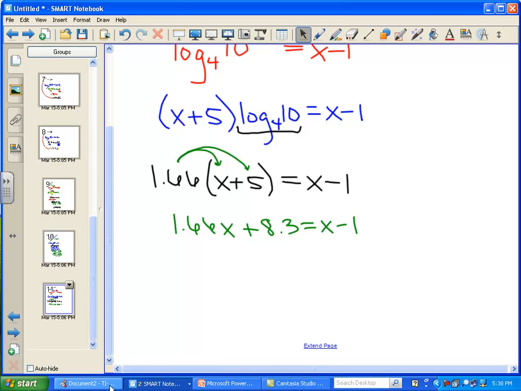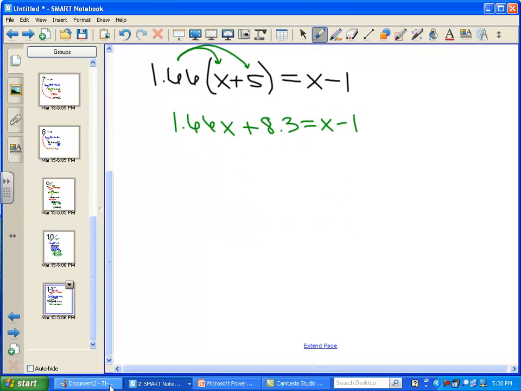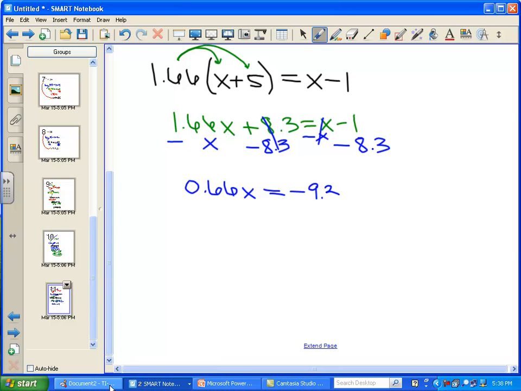So now this does leave me with another step, but still not too bad. We're going to subtract 8.3 from both sides, and at the same time I'll take away an x. Okay, so that leaves me with 0.66x is equal to negative 1 minus 8.3 is negative 9.3.